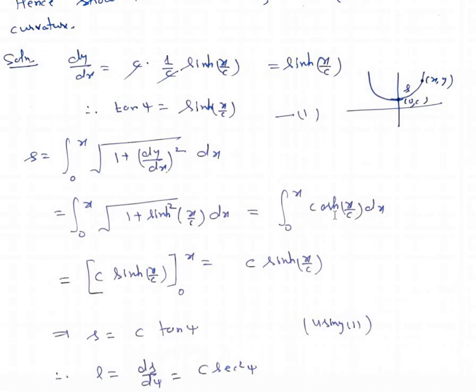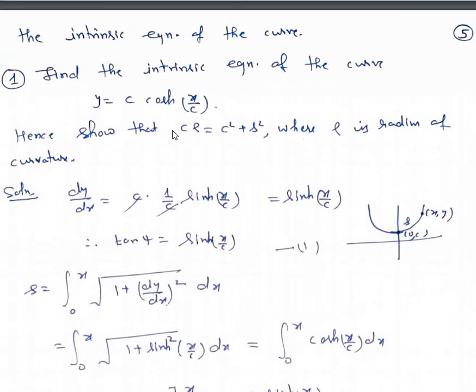Now integration of cos hyperbolic x upon c is c into sine hyperbolic x upon c, from 0 to x. Put the limits, we get it as c into sine hyperbolic x upon c. Now from equation number 1, sine hyperbolic x upon c is tan psi. So therefore s is equal to c into tan psi. So this is intrinsic equation of this catenary.